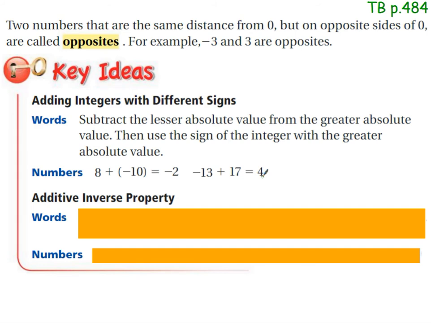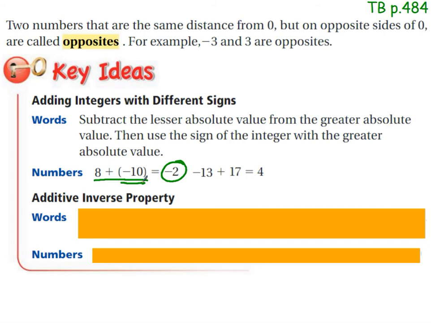If I have 8 plus a -10, -10 is the bigger absolute value. So I'm going to start with 10, subtract 8, and my answer is 2. Now, I said earlier that we need to use the sign of the integer with the greater absolute value. 10 has the bigger absolute value, so we keep the negative sign.